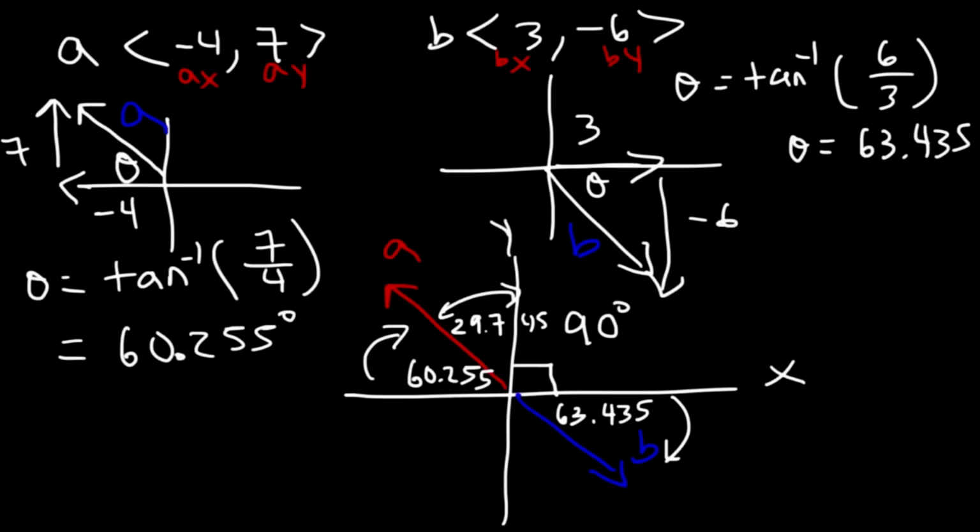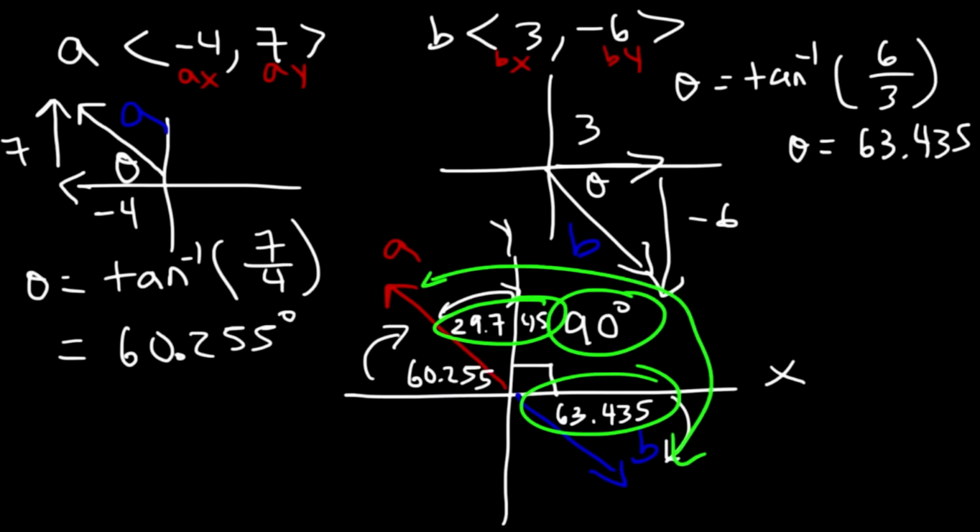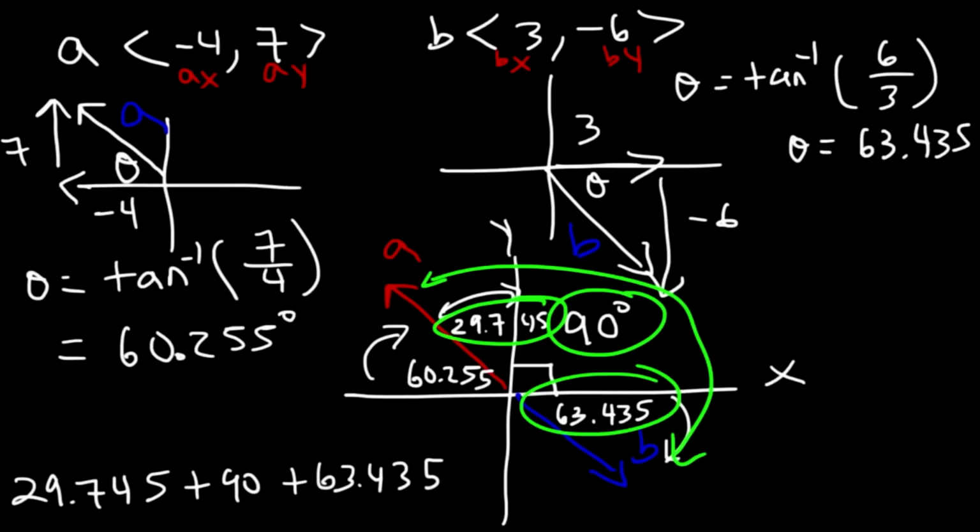So notice that we can add these three angles to get the angle from A to B. 29.745 plus 90 plus 63.435, that is going to be 183.18.